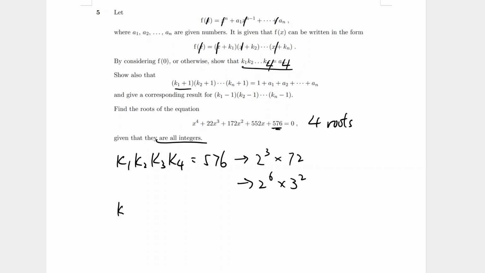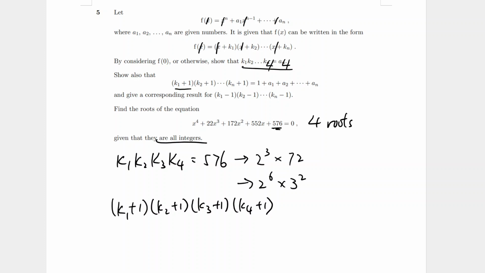Now, how about (k1 plus 1), (k2 plus 1), (k3 plus 1) and (k4 plus 1)? What do we think that is?